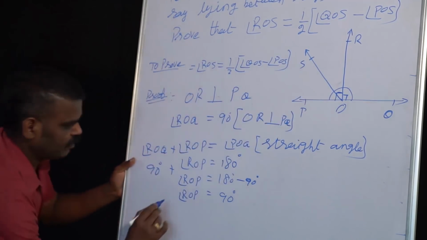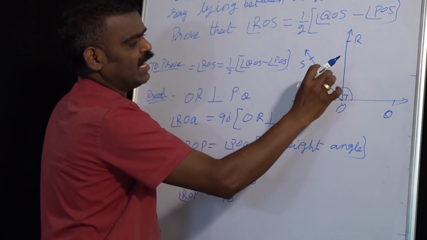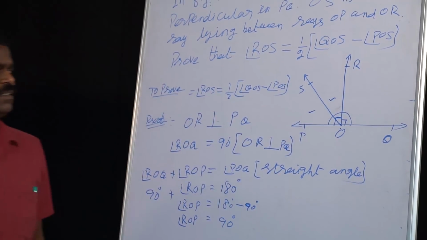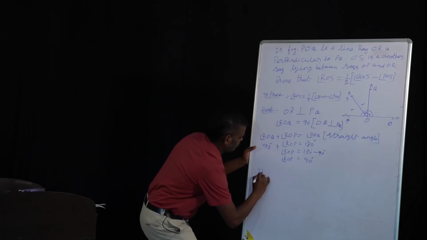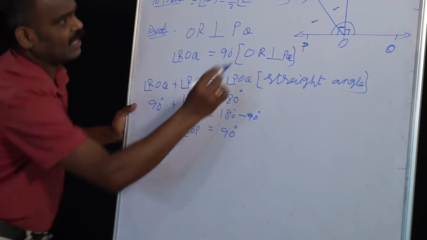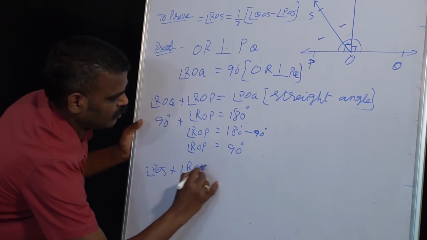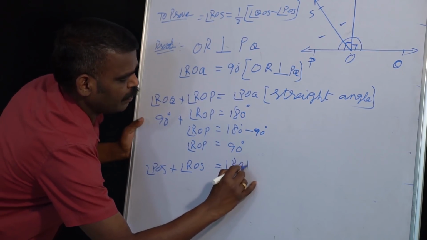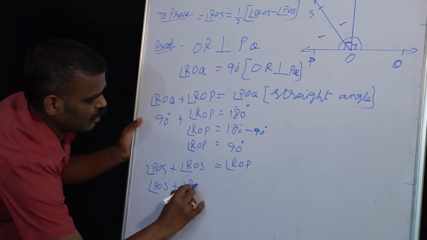Now, angle ROP has two angles in it. Have you seen? One is this angle, another is this angle. That is angle POS plus angle ROS, equal to angle ROP.